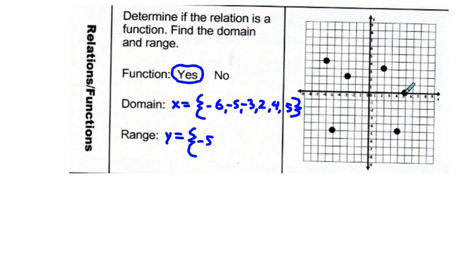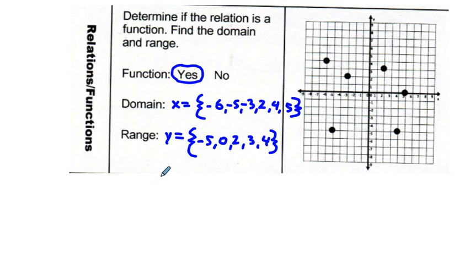And then we go up to the x-axis, so that's going to be 0. And then we have 2, 3, 4.